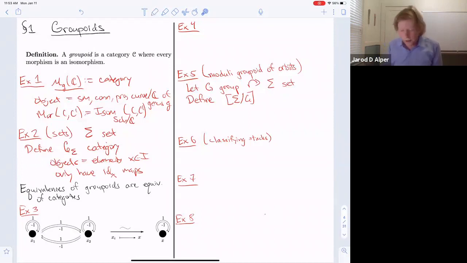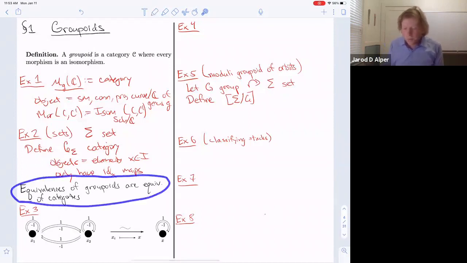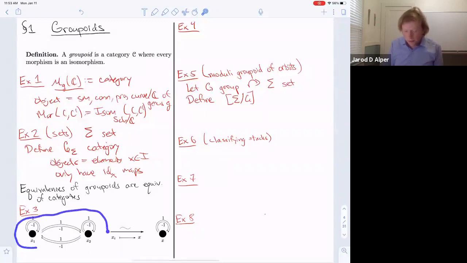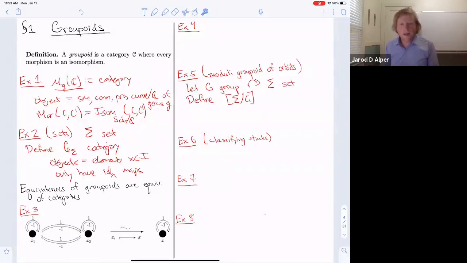And then what I've written here is I've tried to highlight that morphisms of groupoids are just going to be functors of categories, and equivalences of groupoids, or isomorphisms of groupoids, are going to correspond to equivalences of categories. As an example of an equivalence of categories, on the left-hand side I have two objects, and then I have two maps, which I call 1 and -1, between any two objects.